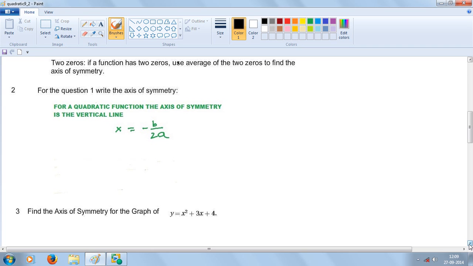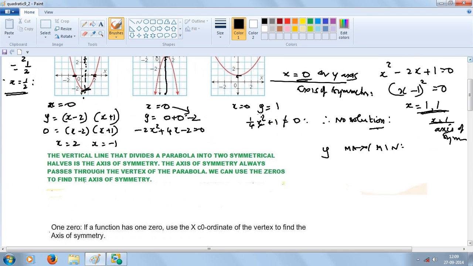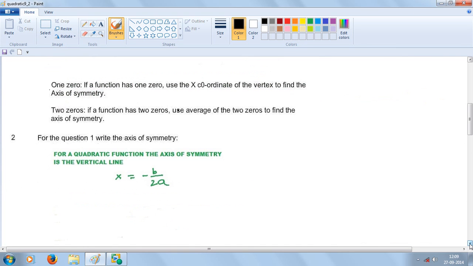For a quadratic function, the axis of symmetry is the vertical line x equal to minus b by 2a. So what is the first equation? y is equal to x squared minus x minus 2.